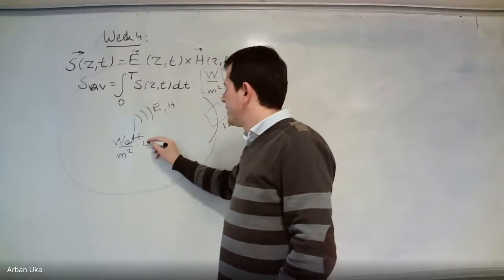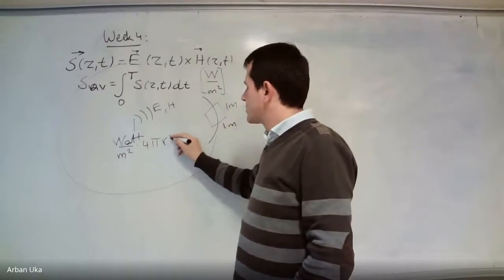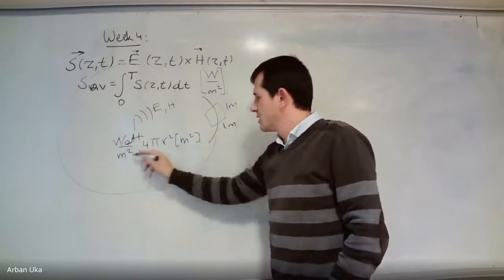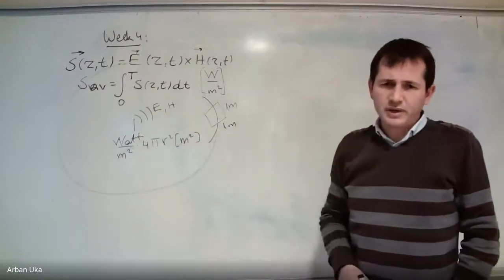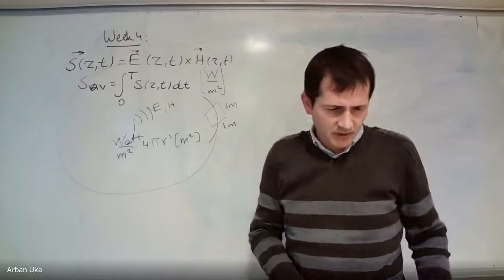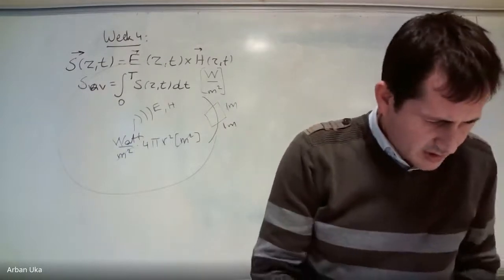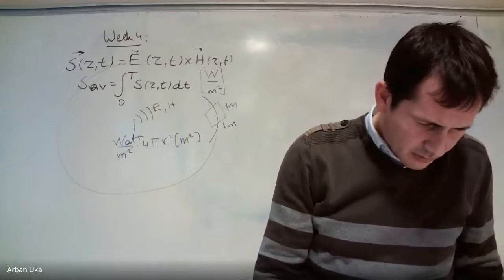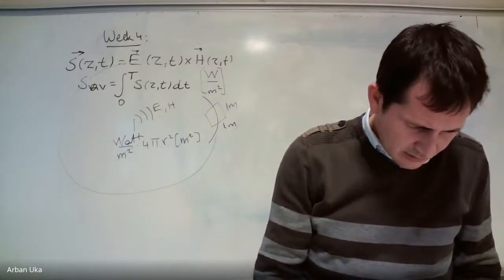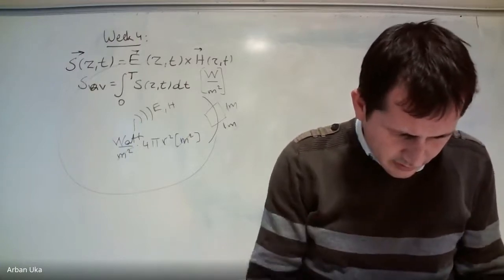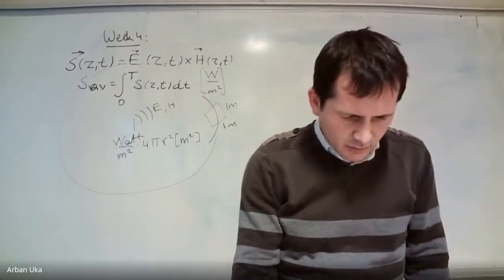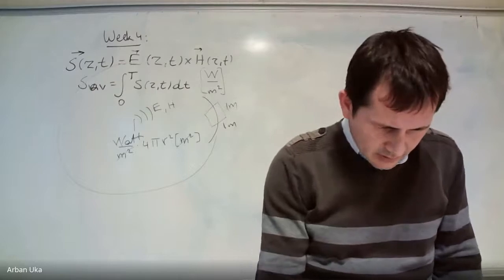We multiply this by 4 pi r squared, which has a unit of meter square. So we cancel these out, and we really get the total power emitted by a system. This is what we covered the last time, and going over the good examples in the textbook would help you a lot.